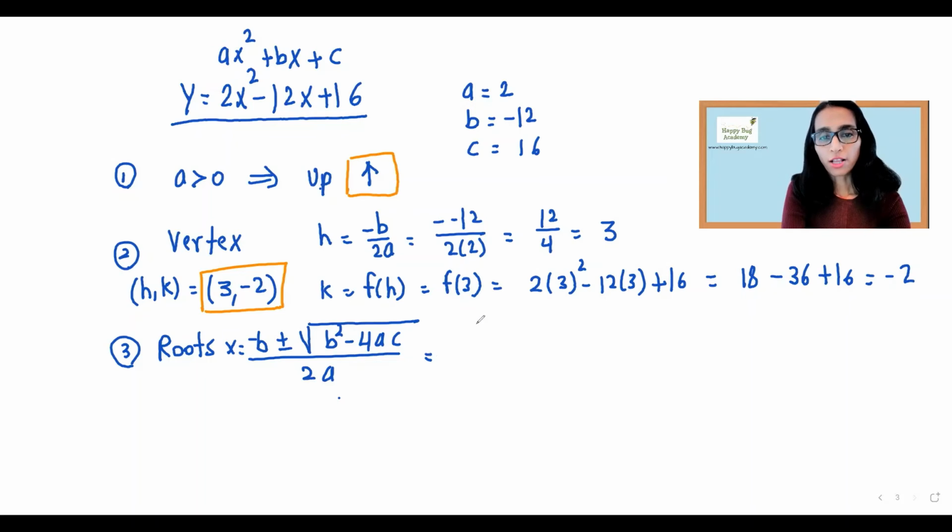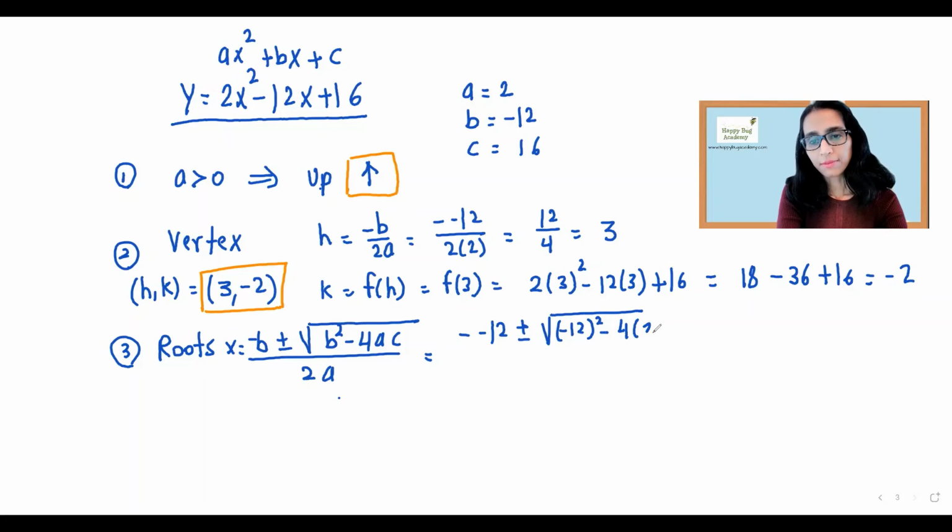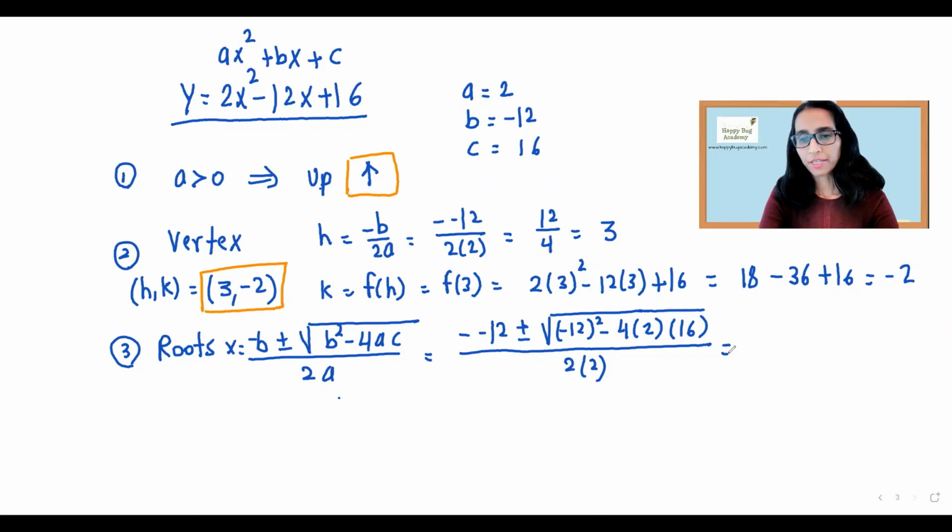If you substitute all the values, we get negative of negative 12 plus or minus the square root of negative 12 squared minus 4 times a times c over 2 times 2. And if you simplify from here, you know 2 negatives make 1 positive. So I have 12 plus or minus the square root of 144 minus 128 over 4.